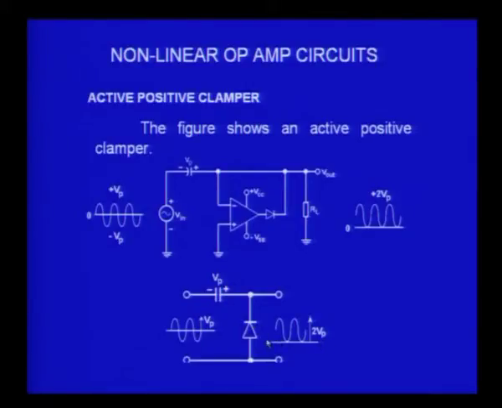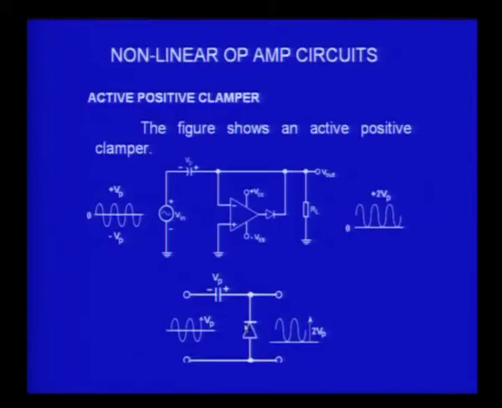So, the output will start going from 0 to 2 V peak as the amplitude, and therefore, what I have effectively done is I have clamped this 0 line at the bottom. So, it becomes fully positive and it is a positive clamper. So, the output signal has got 2 Vp as the maximum voltage. So, this is a normal diode capacitor based clamper.